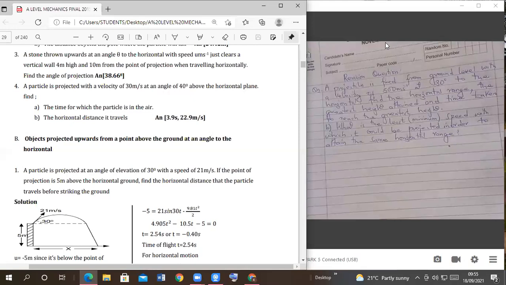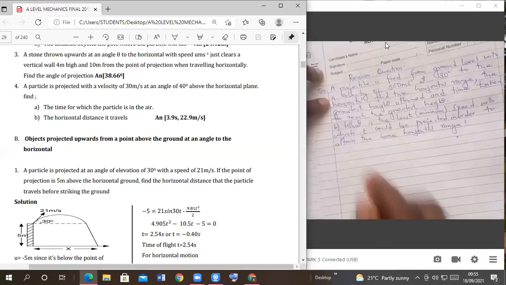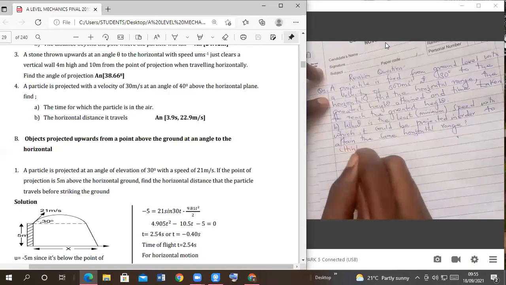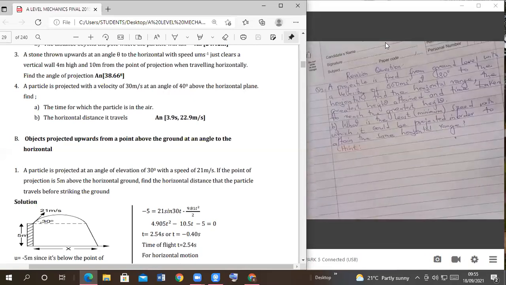Are we together? So for part B, let me just give a hint. When you look at that question, part A, I think we can all do that. It's straightforward.